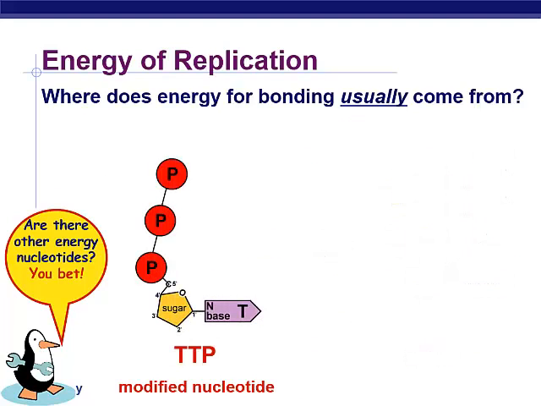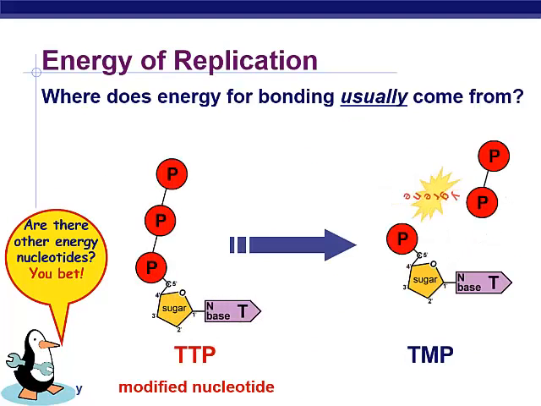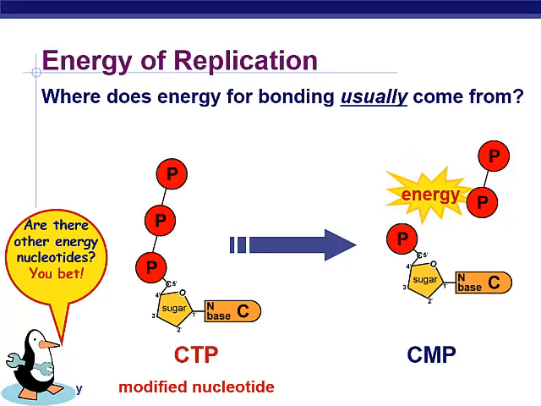There's GTP, TTP, and CTP. And all of those come with their own energy because we're building DNA, right? And building is what kind of reaction? Anabolic. So we need to put energy into the system. These molecules have to come with their own energy.